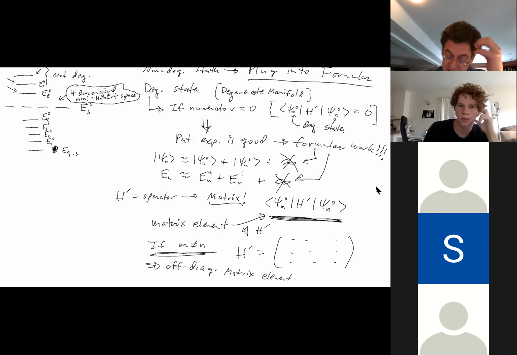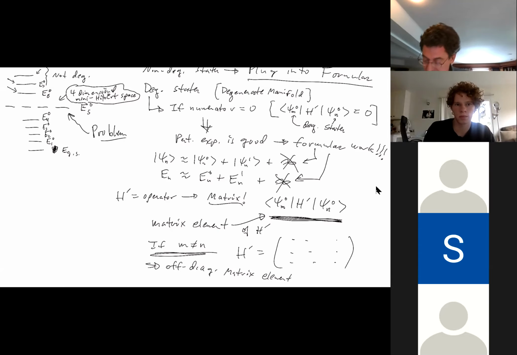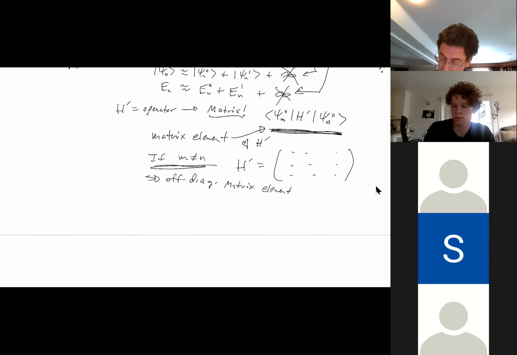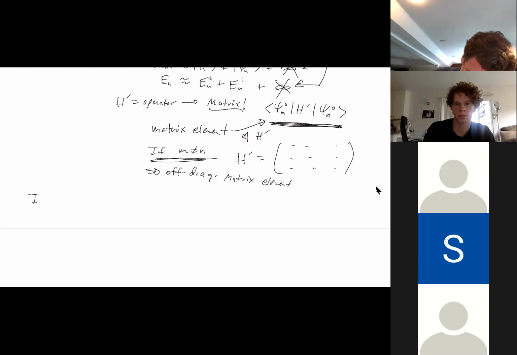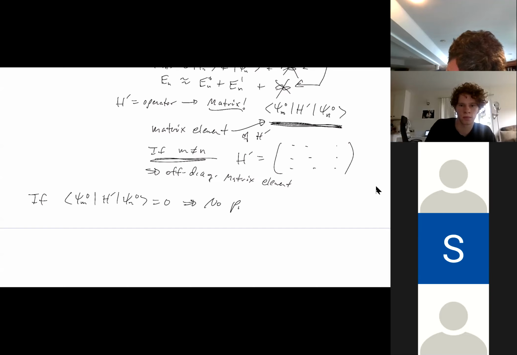The problem lies in the degenerate subspace. Basically, if the off diagonal matrix elements in the degenerate subspace are 0, then there's no problem. The formulas work.